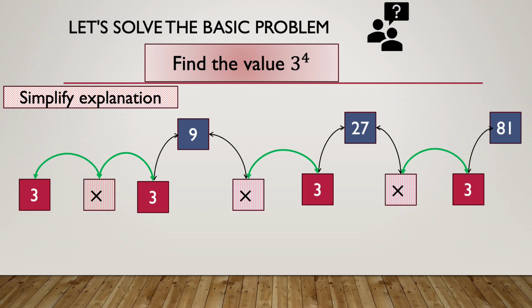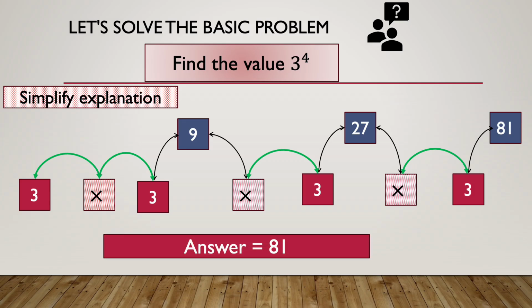See, we got the same answer like we got last slide. So our answer is 81. This is the really simple way to understand how numbers multiply. So again, I think this way you can understand more.